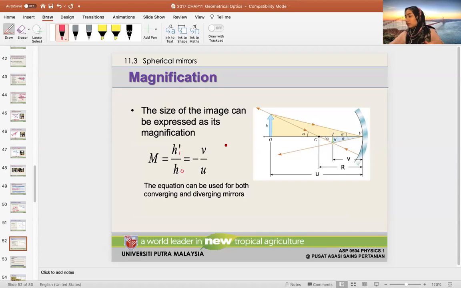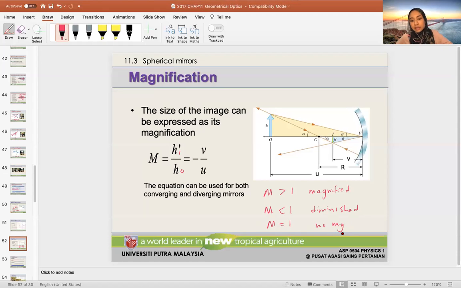Yes. If magnification m is greater than 1, then it is magnified. If m is less than 1, it is diminished, meaning it is smaller. If m is equal to 1, no magnification.